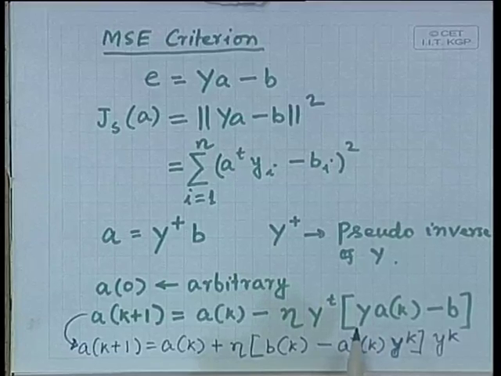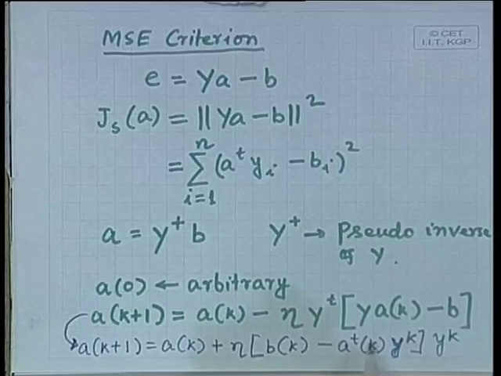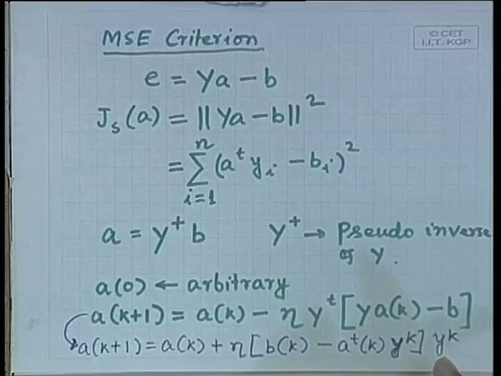Okay. Now, again this iterative algorithm or the mean square error criteria function based iterative algorithm to find out a solution vector is problematic in the sense that we have said that the perceptron criteria and the relaxation criteria are useful when the classes are linearly separable.